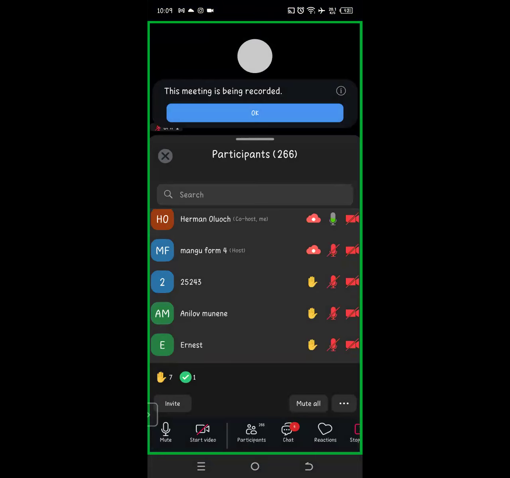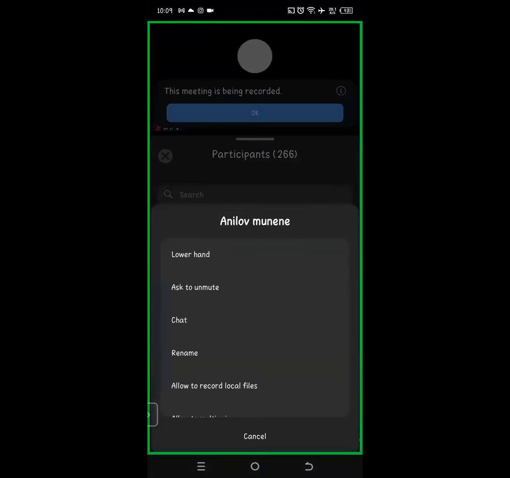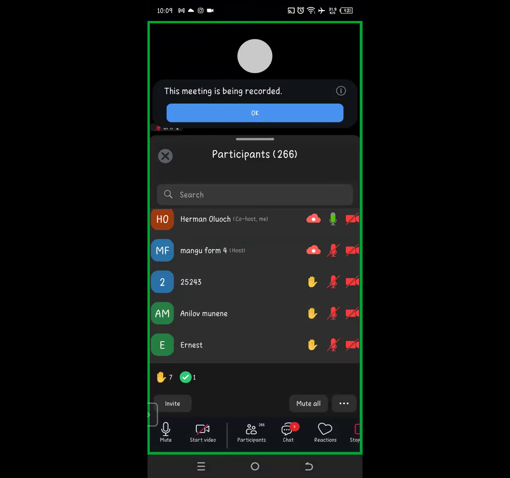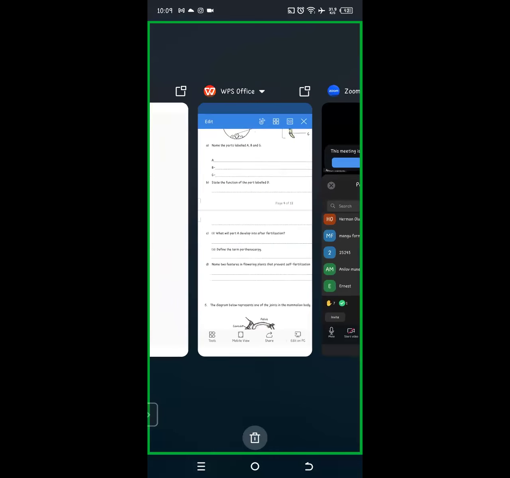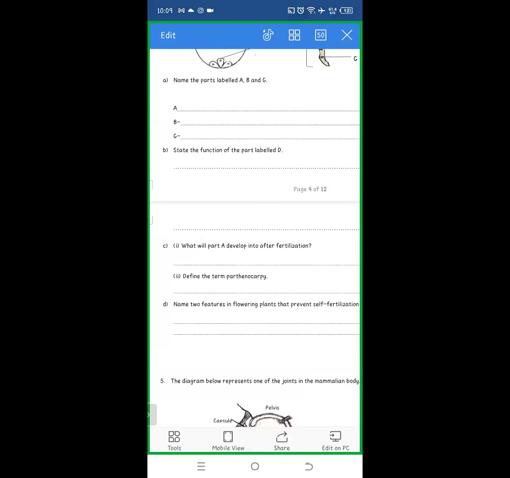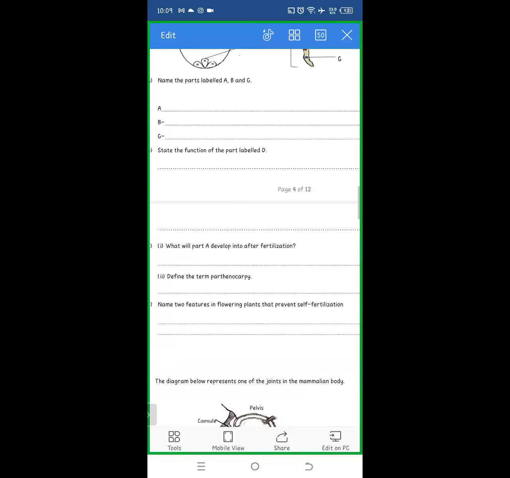Baraza has gone MIA. Anilov, can you unmute and speak? Parthenogenesis. That is called parthenogenesis. And a good example of an organism that carries out parthenogenesis is Drosophila melanogaster, or the fruit fly that we know of. Part D. That was good, thank you.